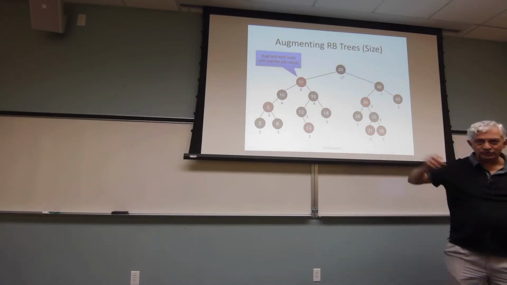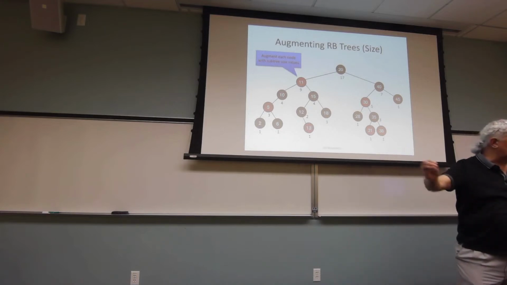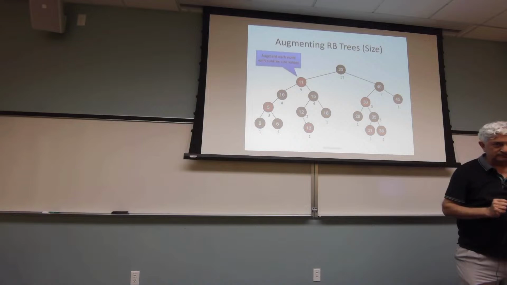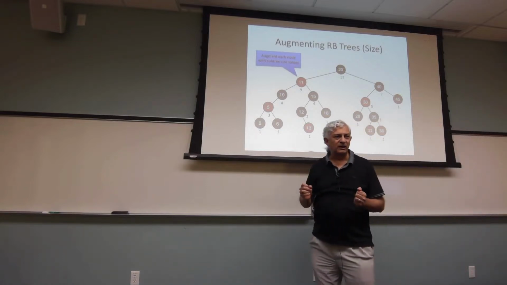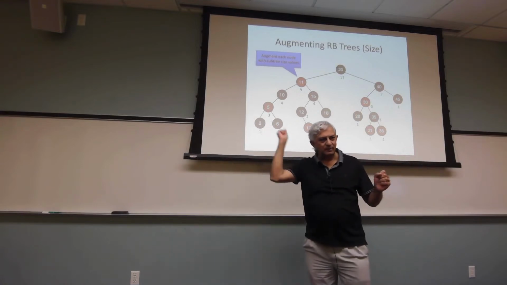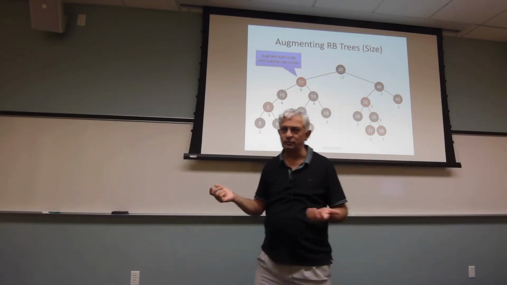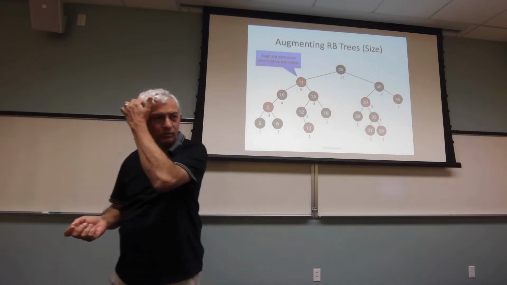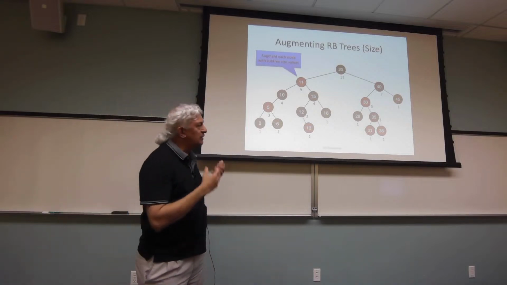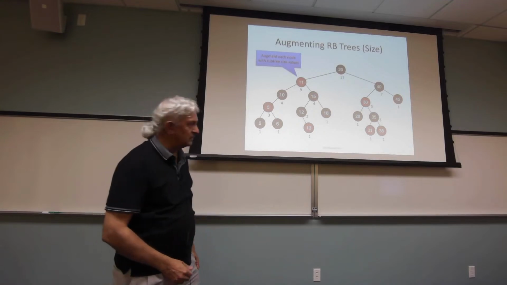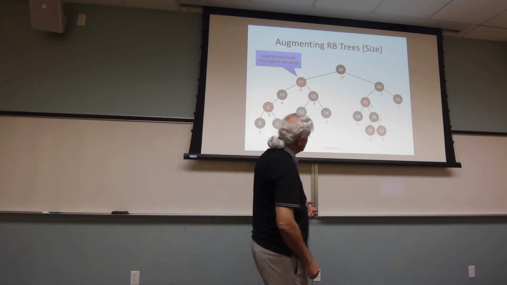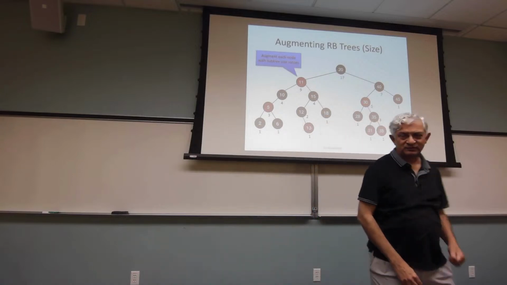It just says if I were to take all the items here, put them in sorted order, I want to know what value sits in the 12th position. Of course, I can go through this entire array and put them in sorted order and then pick out the 12th item, but that's too expensive. So the question is, how do I do this without having to look at everything in the list in the worst case? And so again, it turns out that there are nice ways to do this.